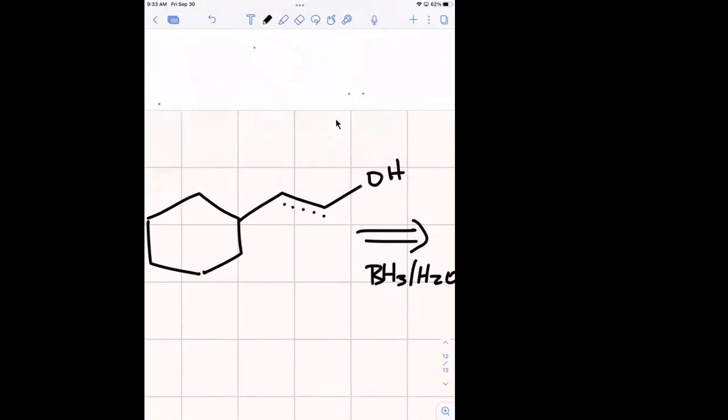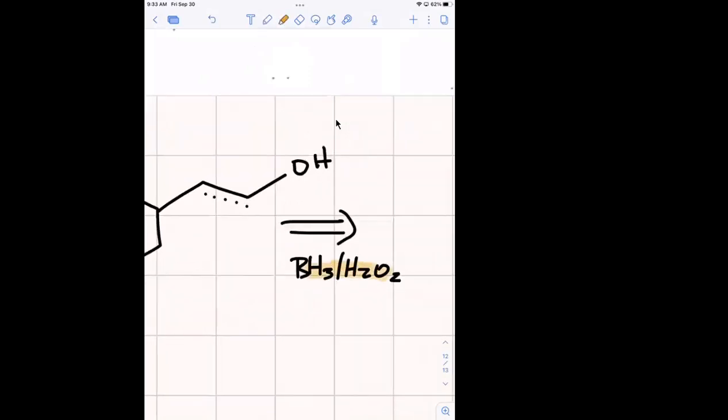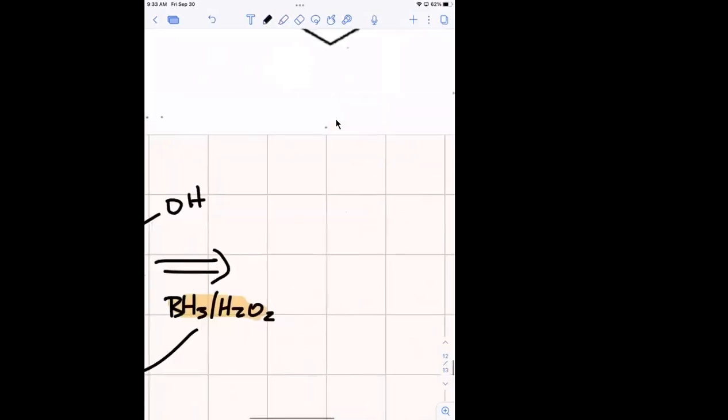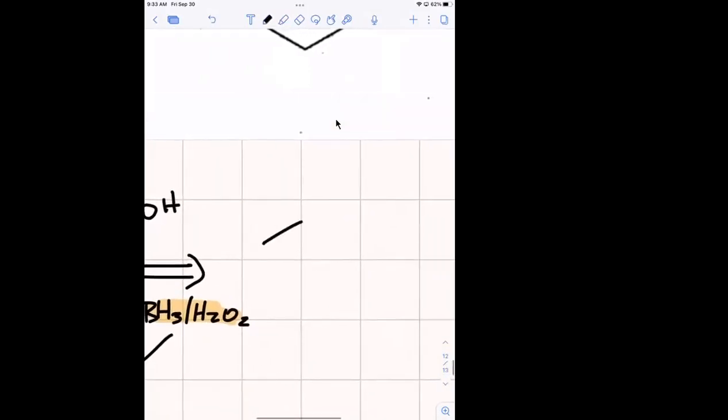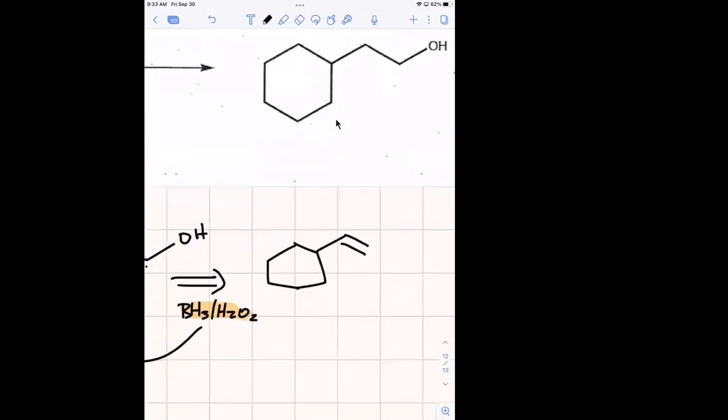Because hydroboration is anti-Markovnikov. What that means is that when you add the alcohol, it's going to end up on the least substituted carbon in the double bond, right? So if this step got me to the final product, the precursor to that is here. Any questions about that?